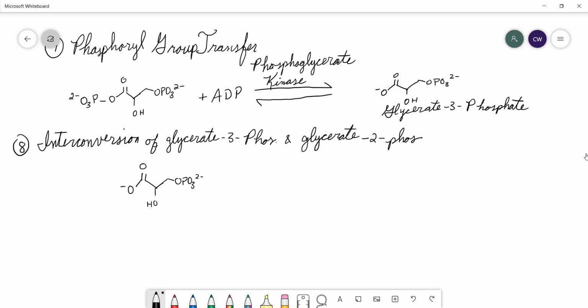And with the addition of an inorganic phosphate group, it undergoes an equilibrium where we have a transition state. Okay? And that transition state is a glycerate 2,3-bisphosphate.